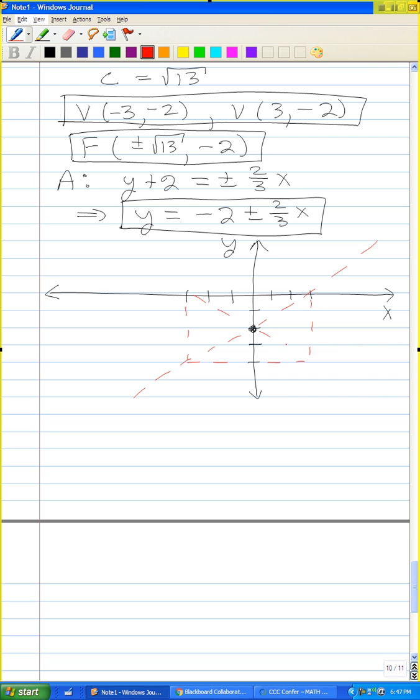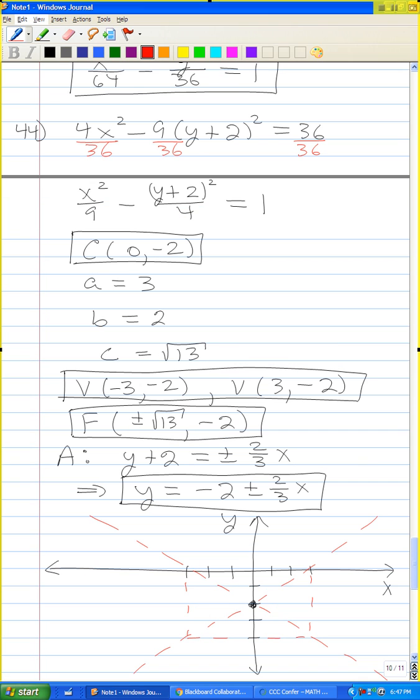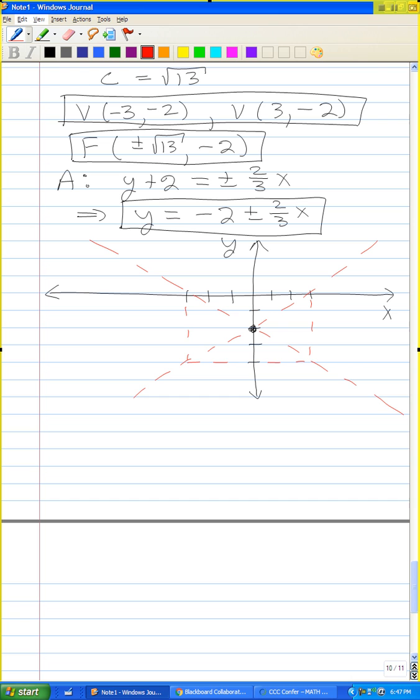The plus is in front of the x. Okay, so let's draw this. Okay, good enough.